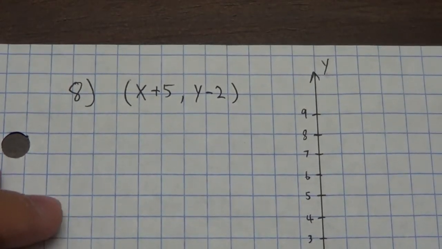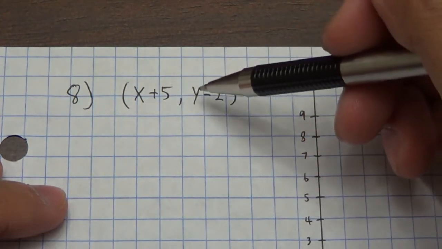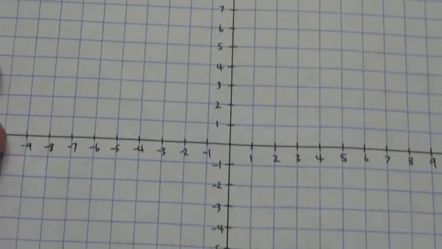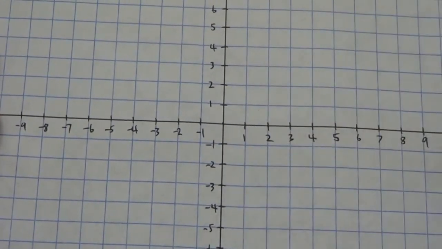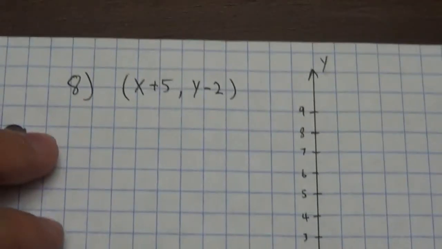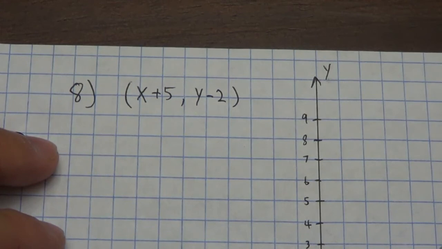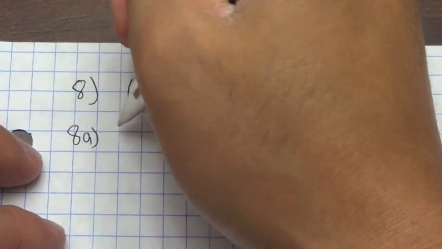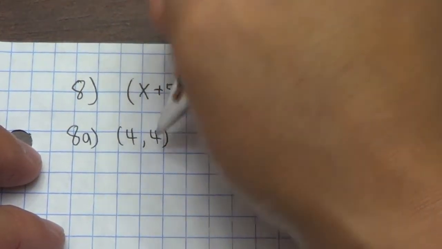So whatever x values we have, we add 5 to it, and whatever y values we get, we subtract 2. So you have two ways you can do this. If it's asking you to plot, then you would need to plot it, but it is possible to do this without plotting the points on the coordinate plane. For example, for 8a, we have 4, 4.